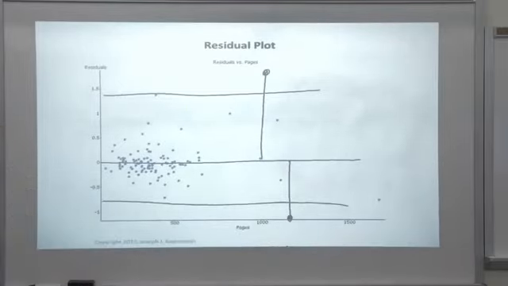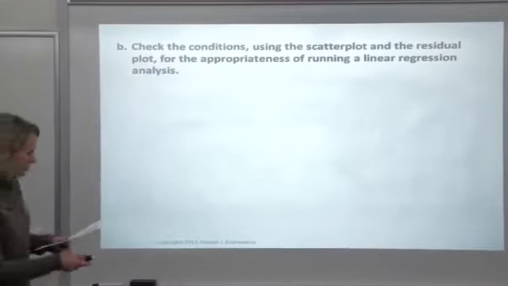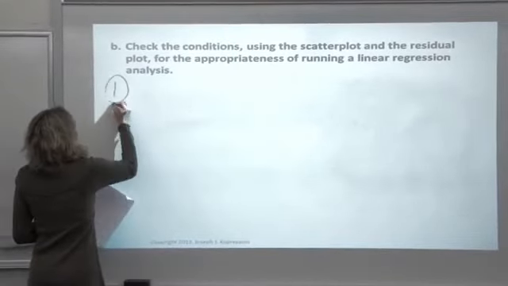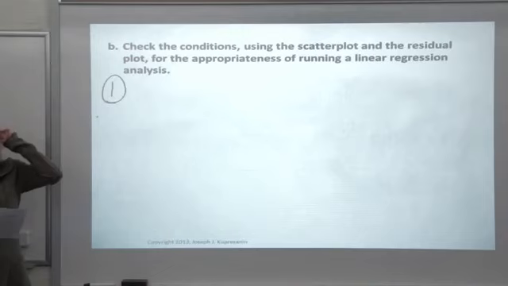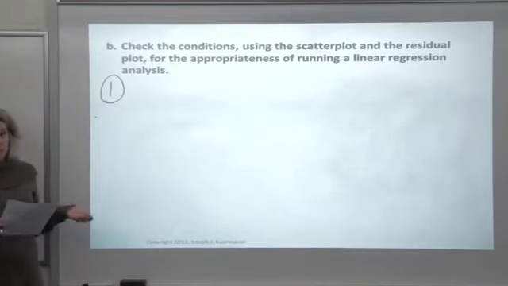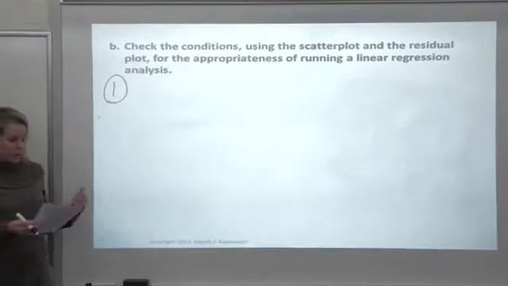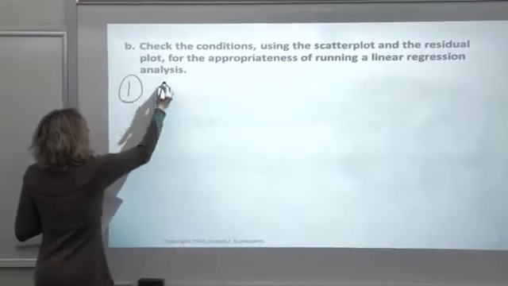All right, so let's summarize the three things we just said. First thing with regard to being linear, the scatter plot's linear, the residual plot doesn't have a pattern, so it looks like linear is a good choice.